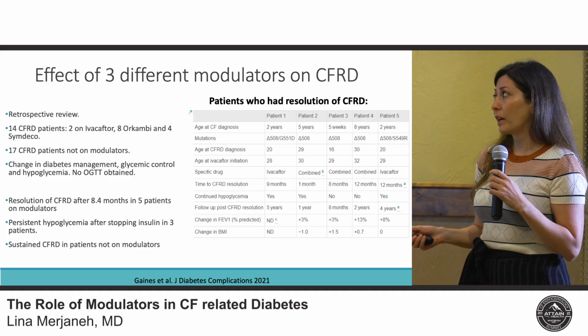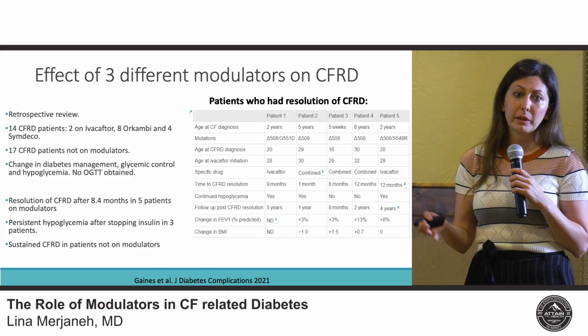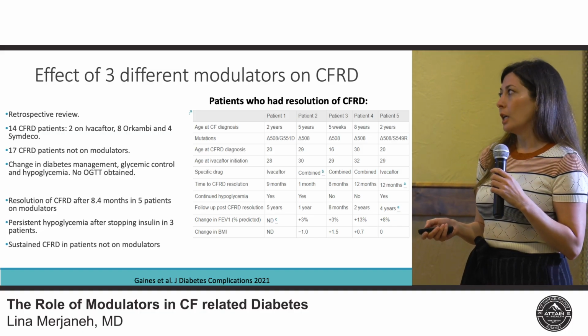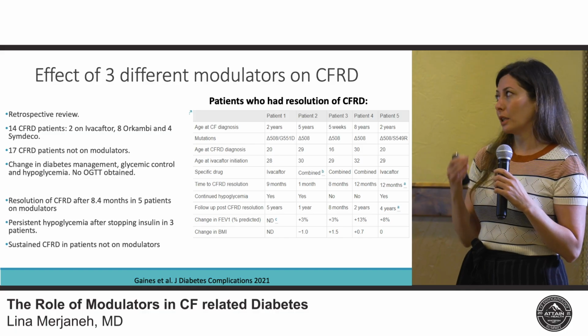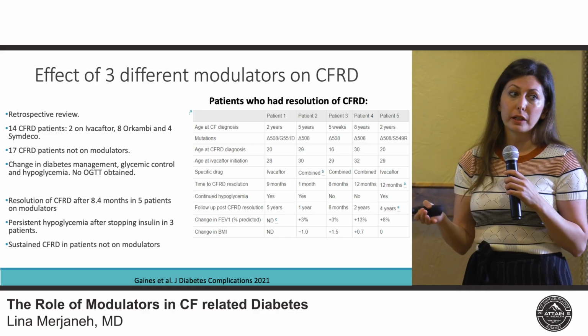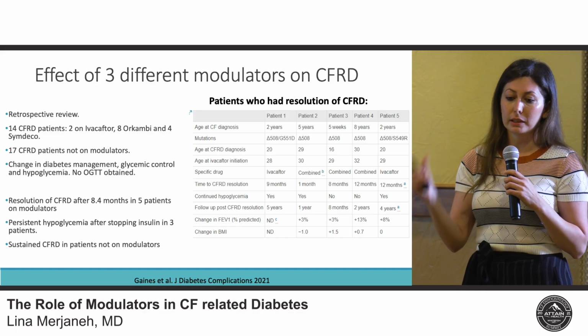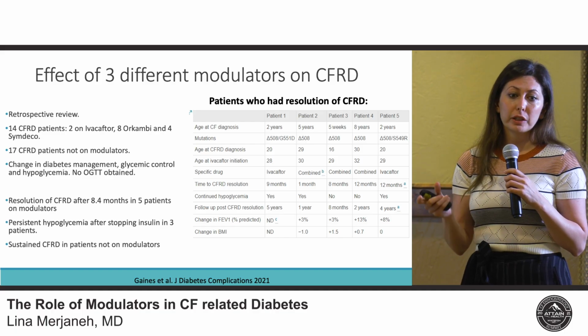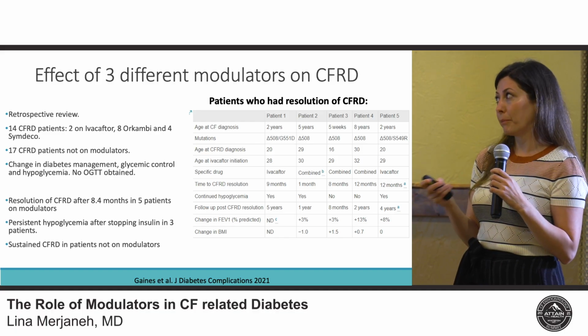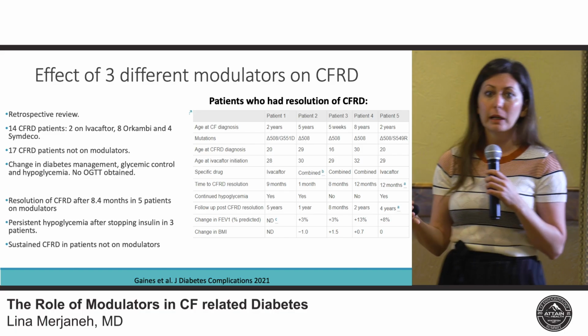And 3 out of these 5 patients continued to have hypoglycemia even after stopping insulin. So it's interesting that these patients had long-standing CFRD, and it's also interesting that it took some time for CFRD to resolve, which means that the effects might take some time to realize.